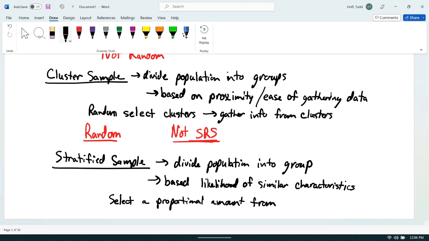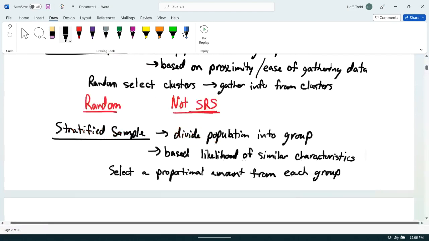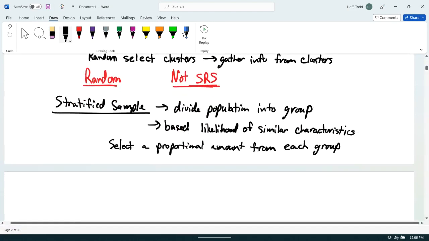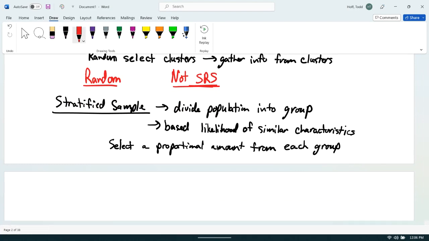So let's say there are 6 times as many students as there is staff in the school. So we would randomly select 6 times as many people from the students as we would randomly select from the staff. Parents might be about the same number as students, so we would select about the same number of parents as we would students.